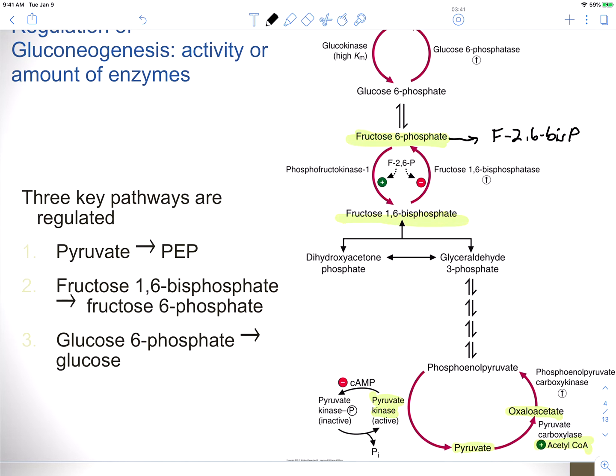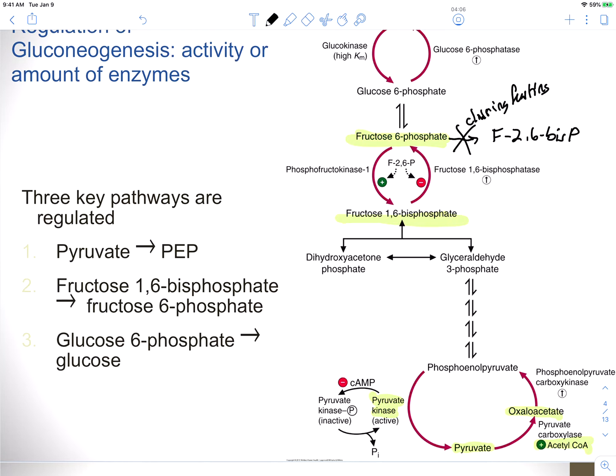So this does not happen during fasting. During fasting, this is turned off, and so you don't have high levels of fructose 2,6-bisphosphate. You have low levels of that, and so you're not going to inhibit fructose 1,6-bisphosphatase.